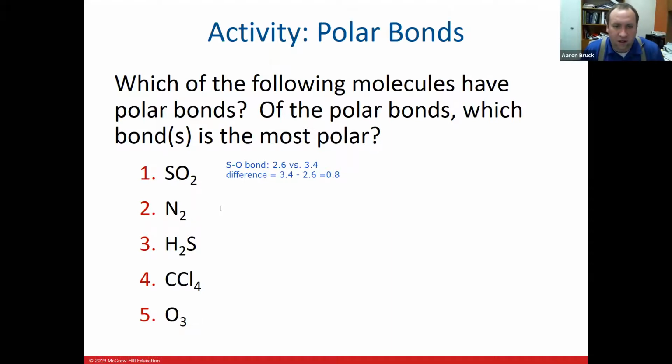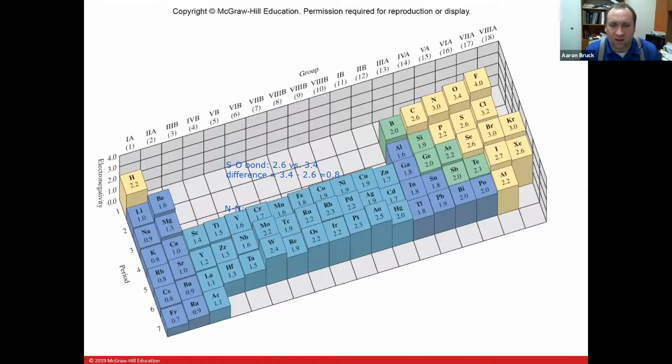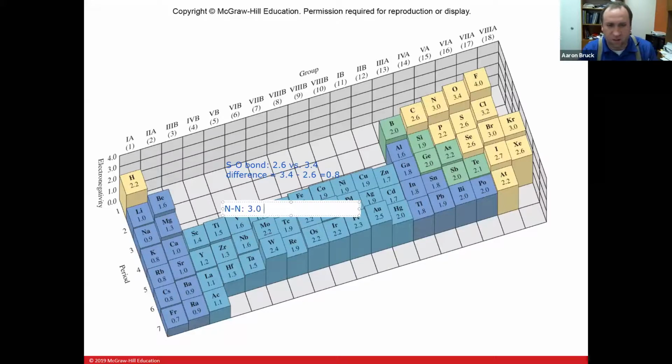For nitrogen, we're talking about nitrogen to nitrogen bonds here. This is actually a triple bond, not that that matters for this particular activity, but I go to the Pauling scale here and I see that nitrogen has an electronegativity of 3.0, and the other nitrogen would also have an electronegativity of 3.0.